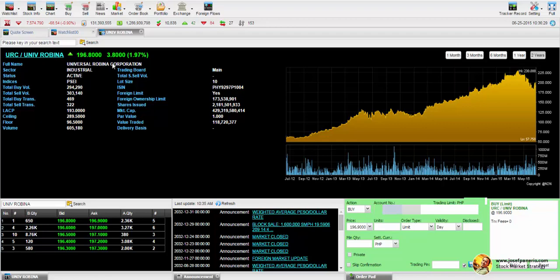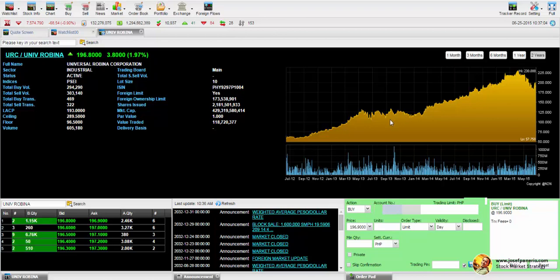It gained 1.97%, and the total buy volume for today as of 10:36, total sell volume is 303,000, and for total buy transactions, there are 469 transactions, and there are a total of 322 sellers. Its highest price is 289, and its lowest price is 96.5.